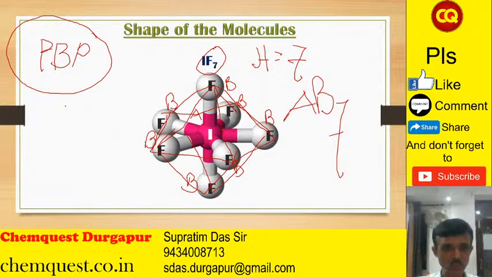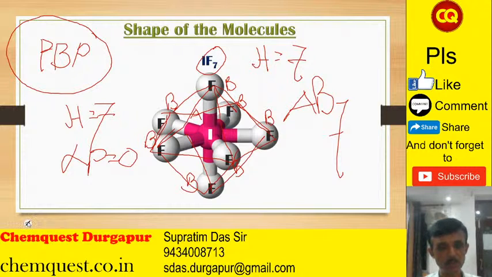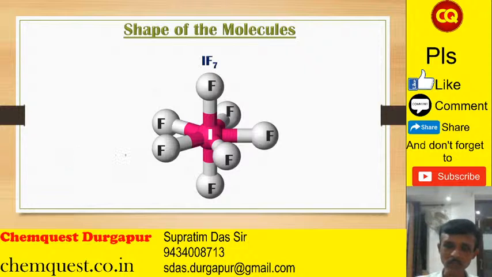Then in case of H equal to 7 without any lone pair, means lone pair equal to 0, these are known as PBP, pentagonal bipyramidal. In case of IF7, the pentagonal base is formed by the 5 fluorine atoms.